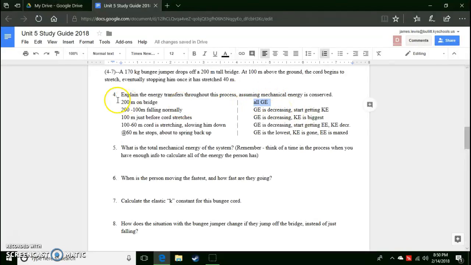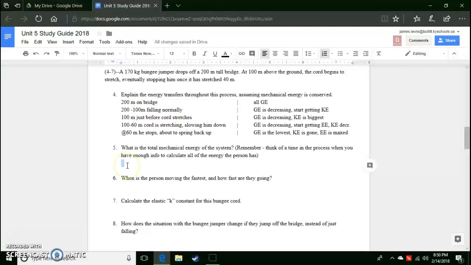Right there. At the 200 meter mark, all of the mechanical energy is gravitational energy. It's not moving, so there's no kinetic, and the cord is not functioning, so there's no elastic. All of the mechanical energy is gravitational energy. So that total is really easy to figure out.